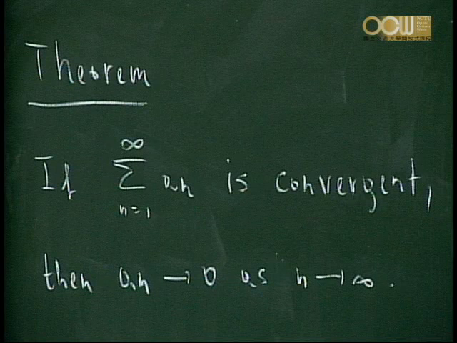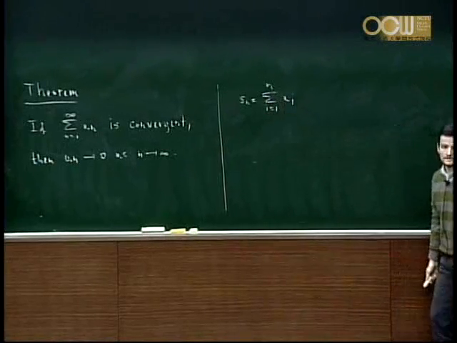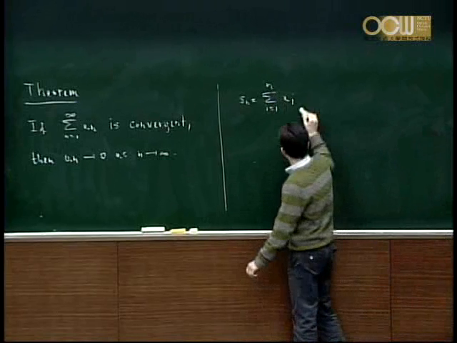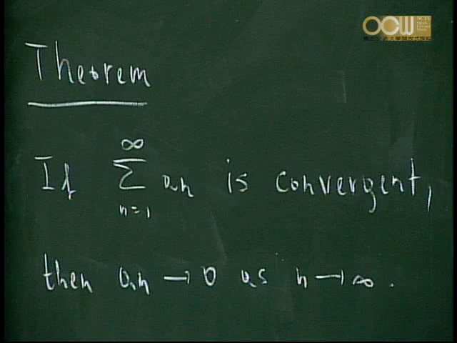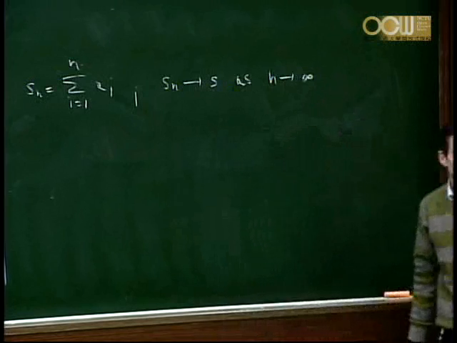Of course, the proof here is trivial, because what we do is we look at the partial sums. By assumption, this series is convergent. So the assumption is that Sn tends to some S as n tends to infinity. This is the definition of convergence.